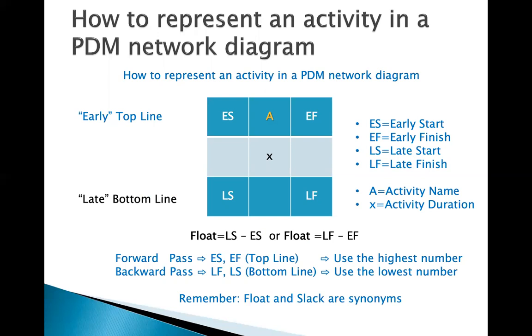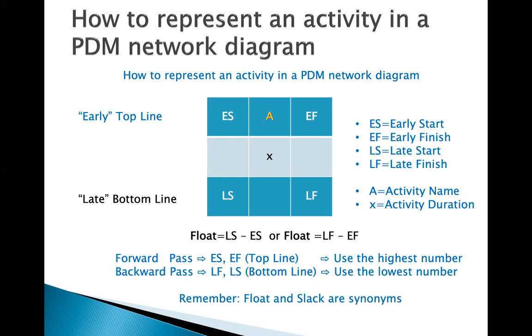The formula to calculate the float is late start minus early start. Also, you can use the other formula, which should create the same result: late finish minus early finish.